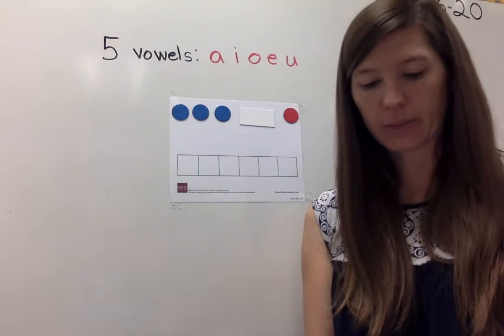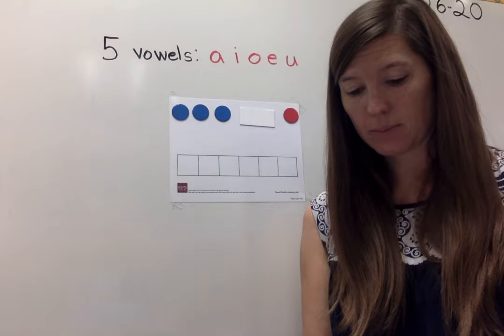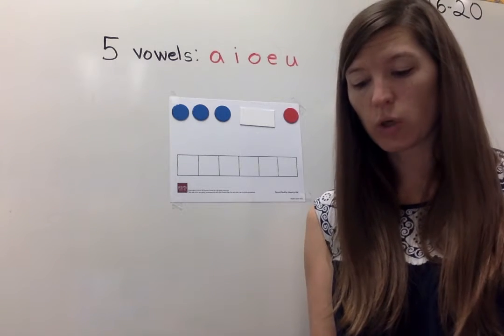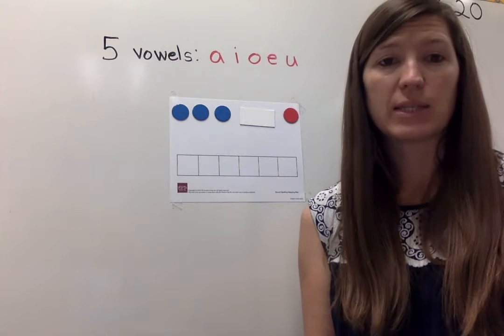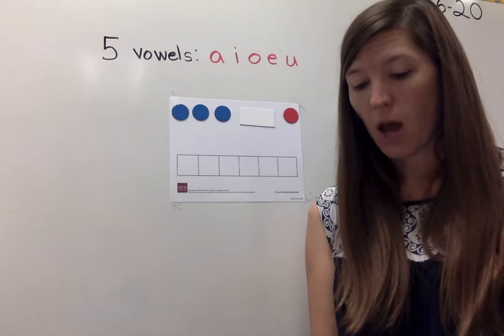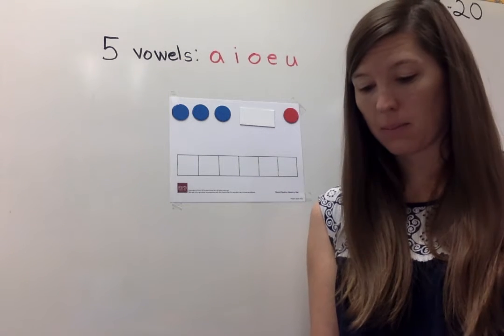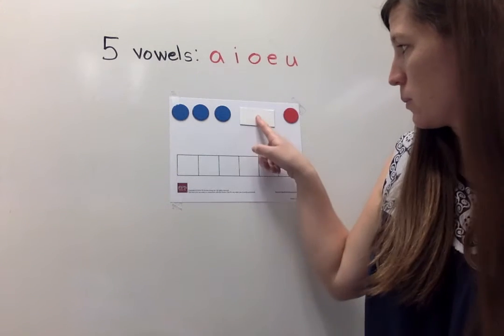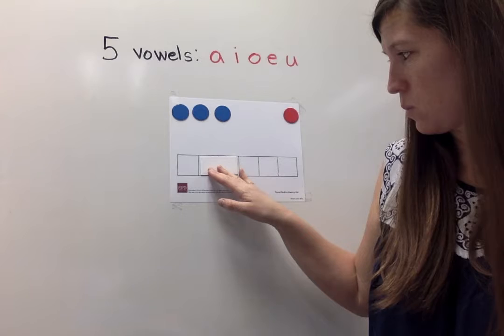All right, let's get started. Watch me. My turn. The first word is Sam. Sam is a name. Sam. I hear the phonogram am. Watch me pull down the sound chip. Am.